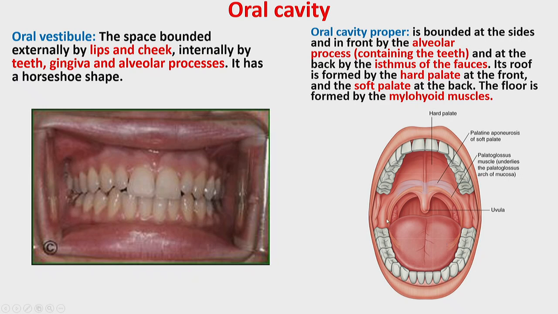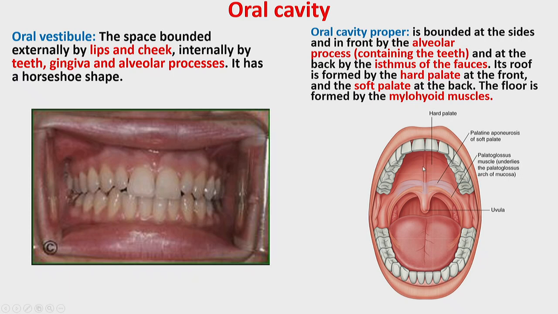The main part of the oral cavity is the oral cavity proper, which at the side and in front is bordered by the alveolar process containing the teeth, and posteriorly, or dorsally, is the isthmus of fauces or isthmus faucium, which separates the oral cavity from the oropharynx, the oral part of the pharynx.